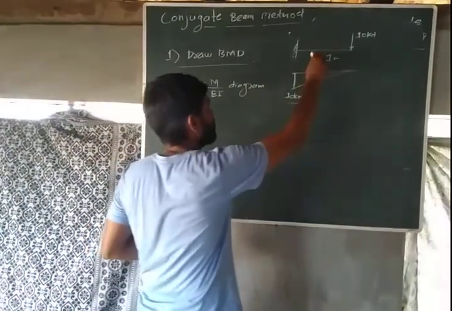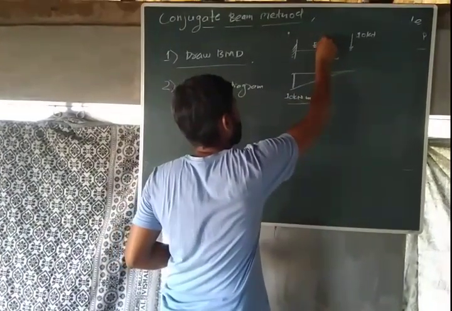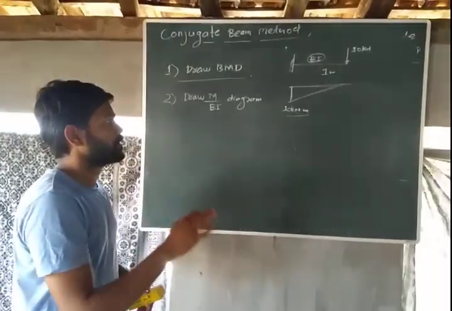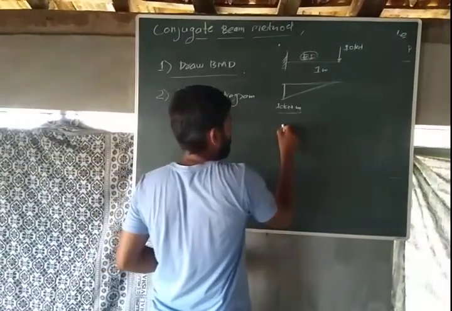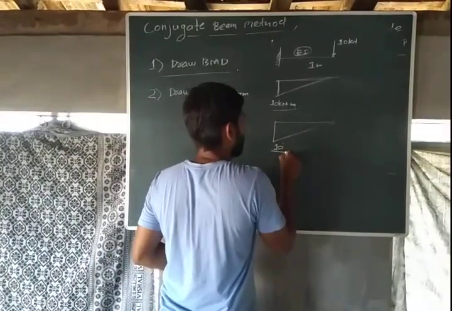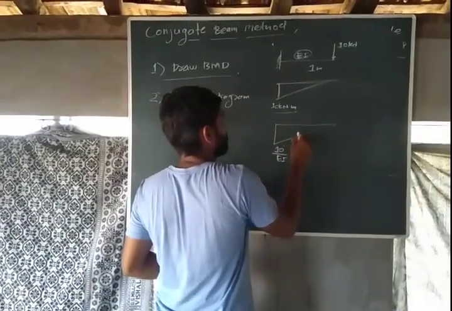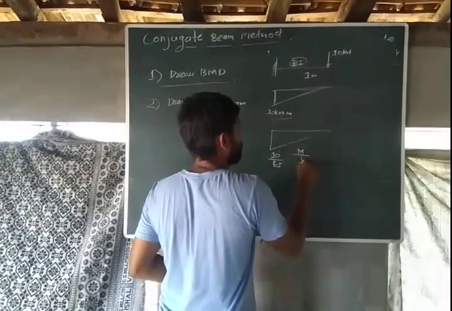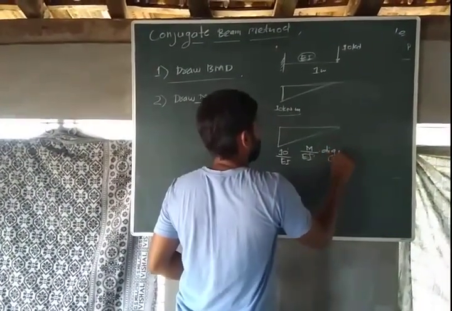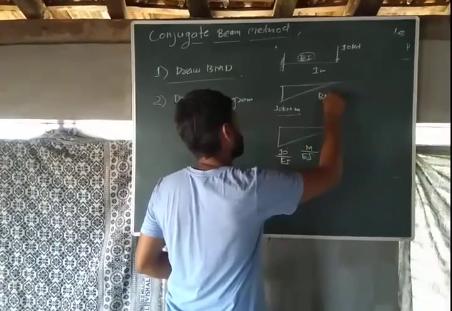For this beam, the rigidity is not given. Let us assume the beam is uniform throughout the section. So this M upon EI diagram will become 10 divided by EI. So this is your M upon EI diagram, and this is your BMD.